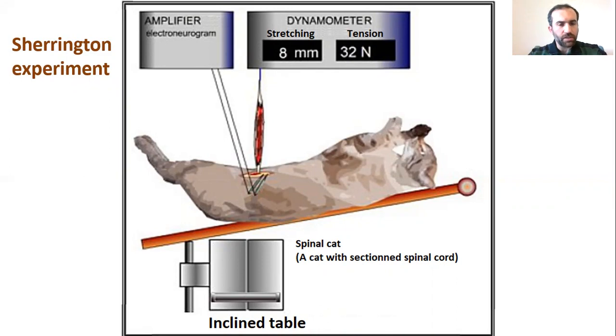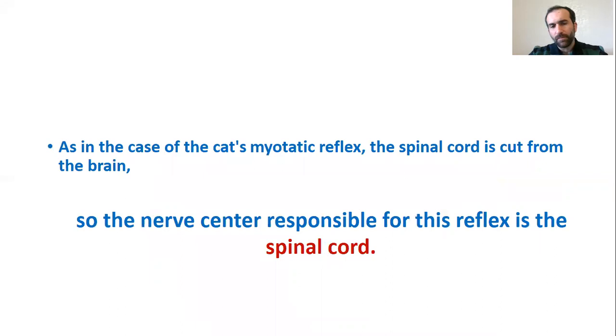Since the spinal cord is disconnected from the other parts of the central nervous system, we have only the spinal cord as a nerve center connected to the body, which means that this spinal cord is the center of this reflex. This is a very clear idea that we have noted here.